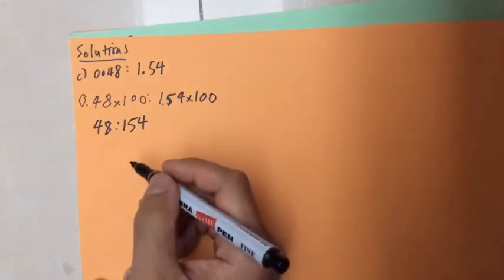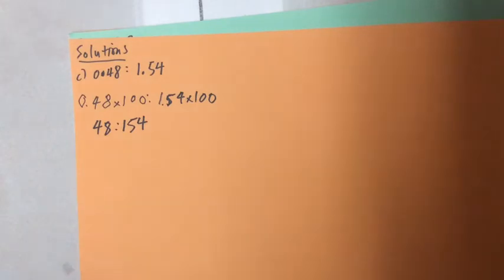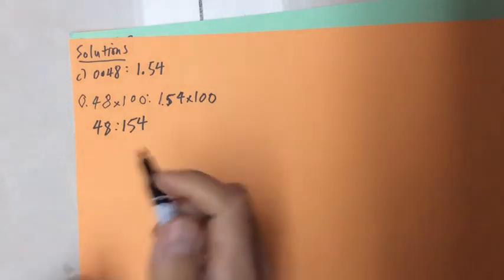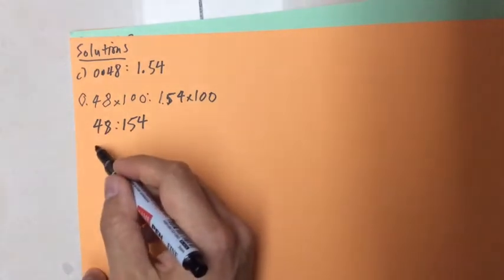Okay, and this, of course, gives us 48 to 154. Now, we could probably simplify this ratio even further. We know that both of these numbers are divisible by a certain common factor. Now we probably want to find the greatest common factor here. Let's see. What if we divided both numbers by 2?